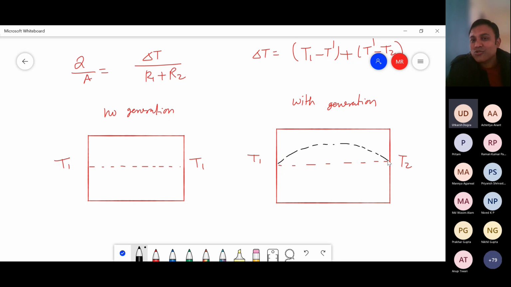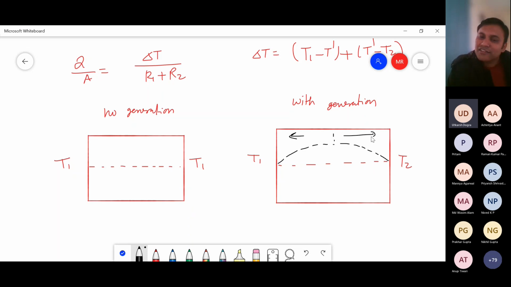Your temperature profile will be like this because there is a generation taking place inside, so your temperature will not be constant throughout. Even though between these 2 points the temperature is the same, still there will be a heat transfer taking place. From this to here the heat transfer will take place in this direction, and here the heat transfer will take place in another direction. Is it clear? Yes, sir.